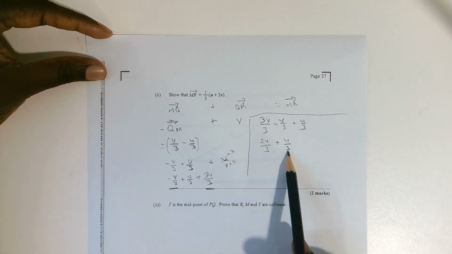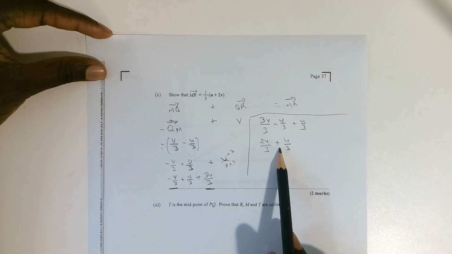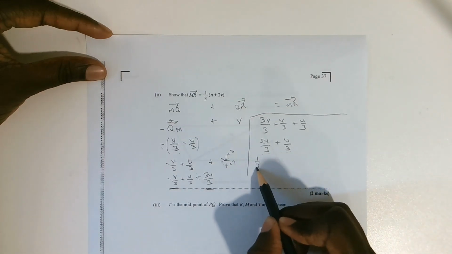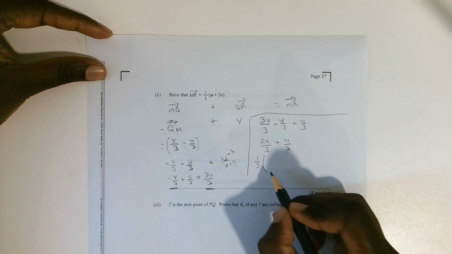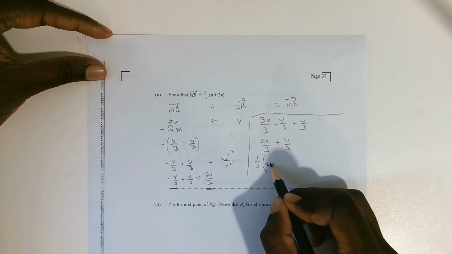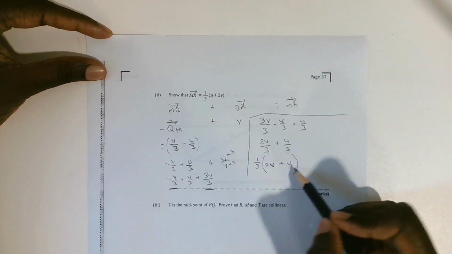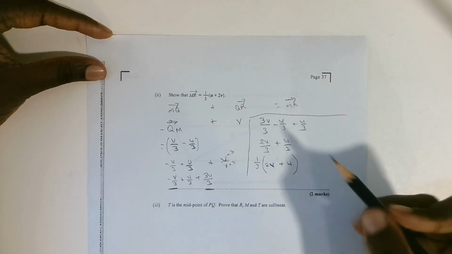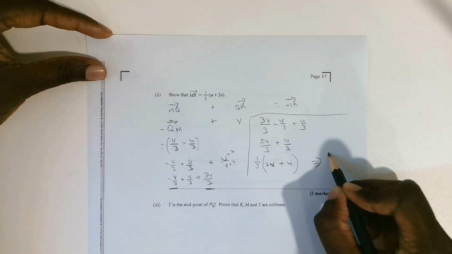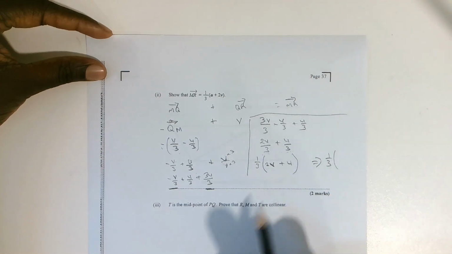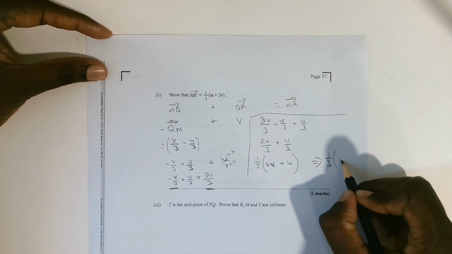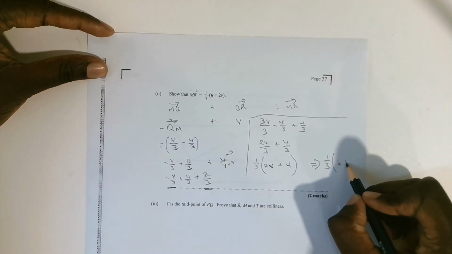And since I wanted this in the form of a third and then brackets U plus 2V, I can take my fraction of a third out, which is common in both of those fractions. So I'll have a third (2V plus U). And since technically U comes before V in the alphabet, I can rewrite this as a third (U plus 2V).